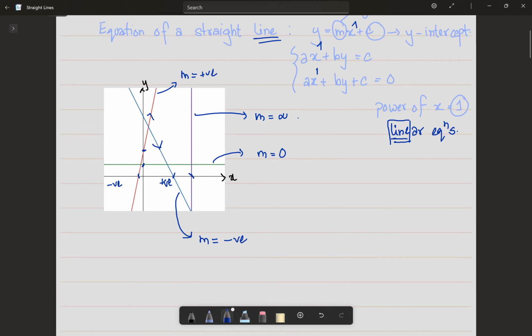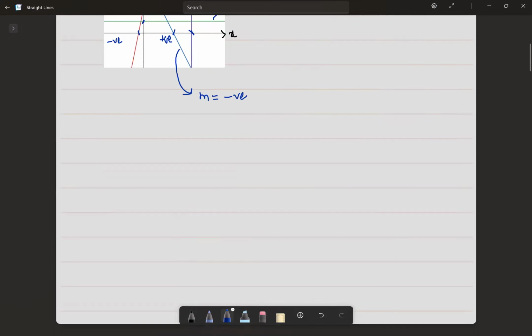If the graph cuts the x-axis, the point where the graph cuts is called the x-intercept. If the graph cuts the y-axis, the point where the graph cuts is called the y-intercept. So, to draw any straight line, we have to consider the intercepts.